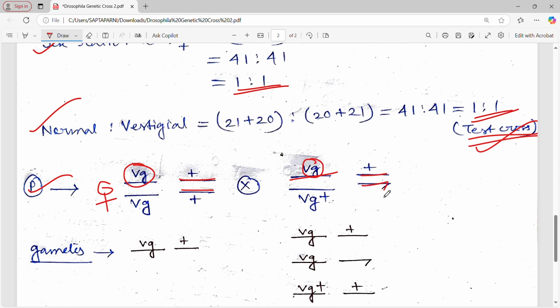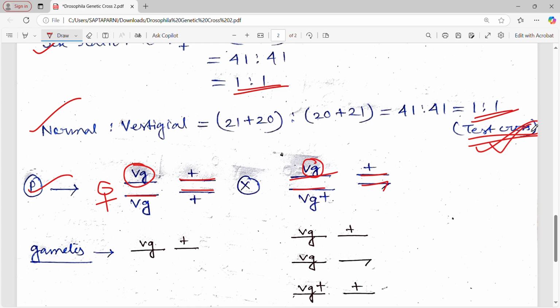Okay, and obviously for mother these are the 2 X chromosomes, and for father these are the X and Y chromosomes. Now what would be the allele for the other autosome for both father and mother? So from the phenotypic ratio we can see that it is following the test cross ratio.